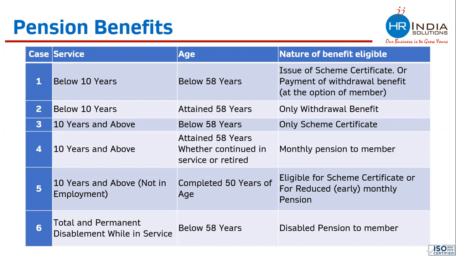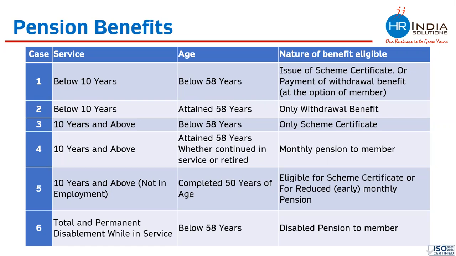And the third and fifth cases, if you see, are very similar, where the person has contributed for 10 years and above, and now he is not in employment but has completed 50 years and has not attained 58 years. His age is in between 50 to 58.